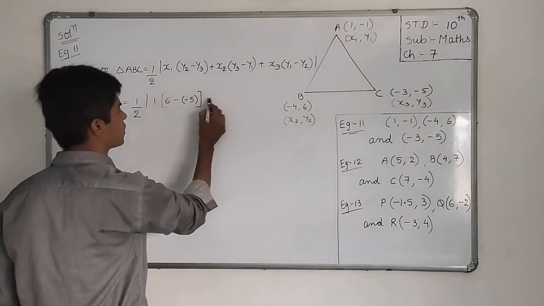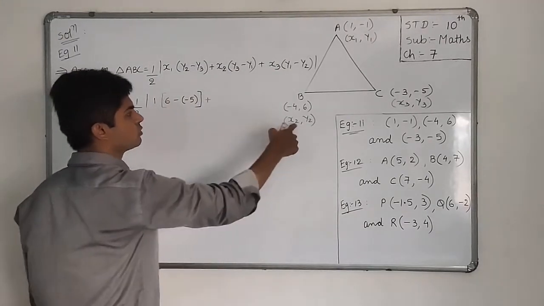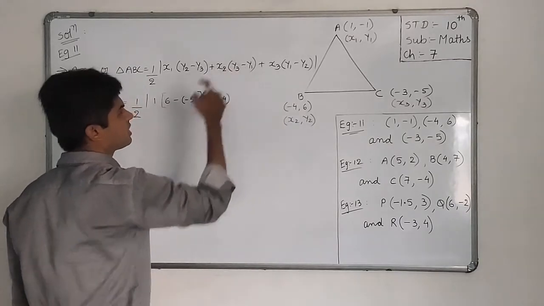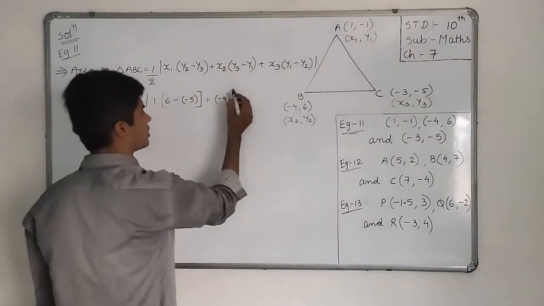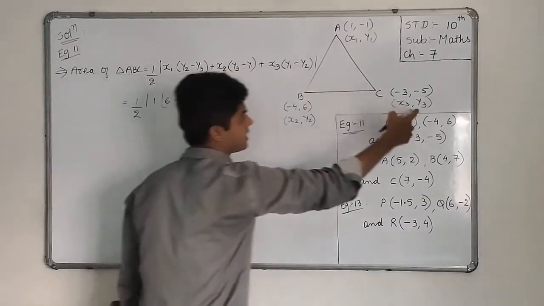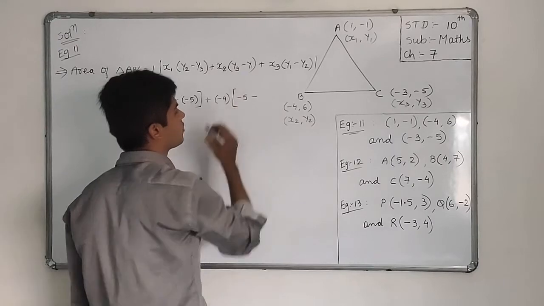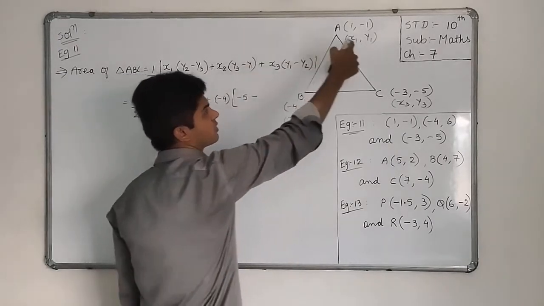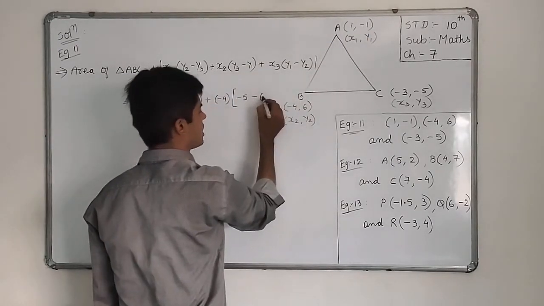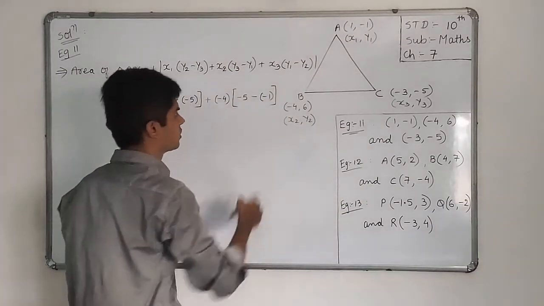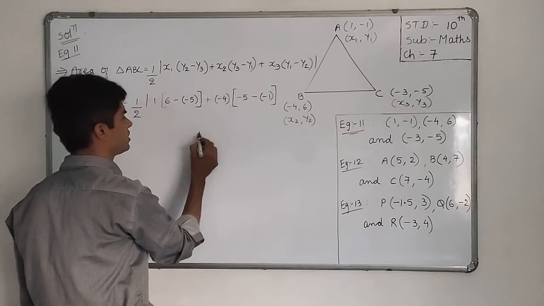Now x2. What is the value of x2? Minus 4. So minus 4. y3 minus y1. Okay, y3 itself is minus 5. Minus is the sign of formula. y1 is minus 1. So यहाँ पे आ गया minus 1. Understood? Okay, next plus x3.